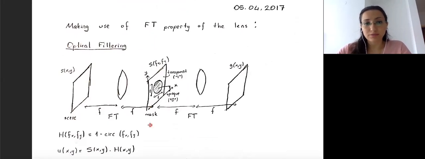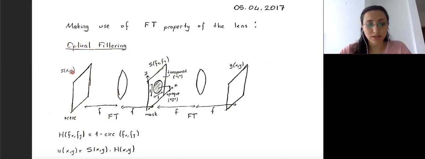In this case, for optical filtering, we need to use a 4F system. Okay, so we're going to have a system that has a length of 4 times the focal distance of the lens. And here we have 2 lenses, each with focal distance f.